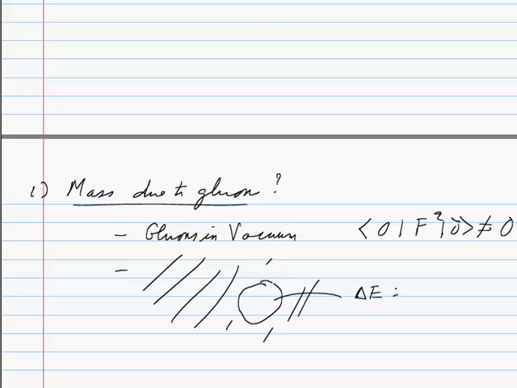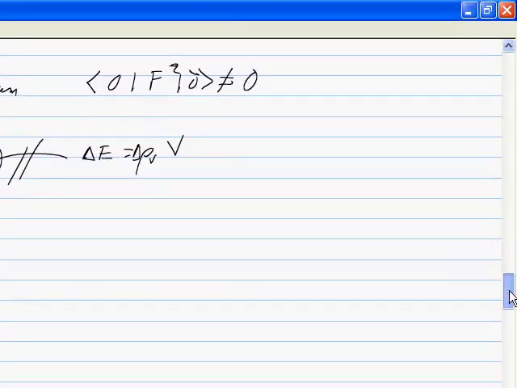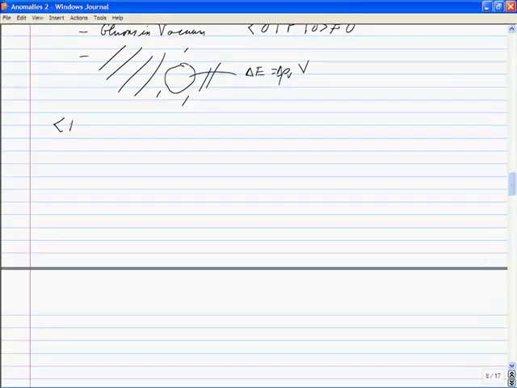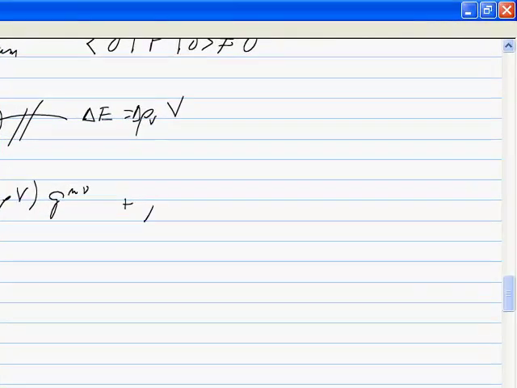So some delta E is some change in the vacuum energy times the volume of that bubble. Then the proton's matrix element of T mu nu: there'd be some little delta rho_V g mu nu, because that's the vacuum piece. And I'm going to stick some matter in there, rho matter, but I'm going to make it massless, so we're forgetting the masses for the moment.